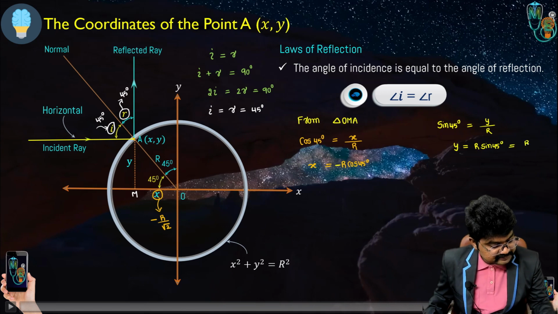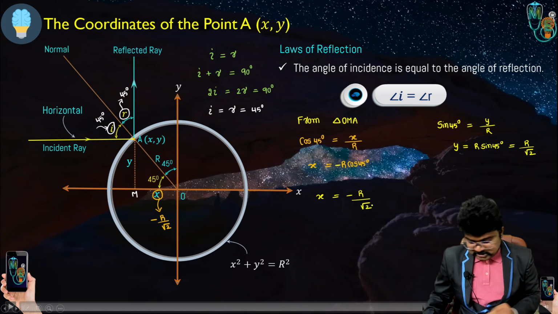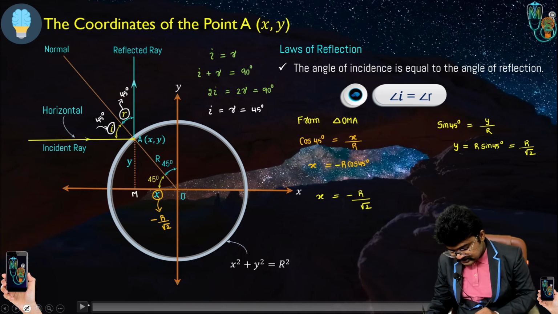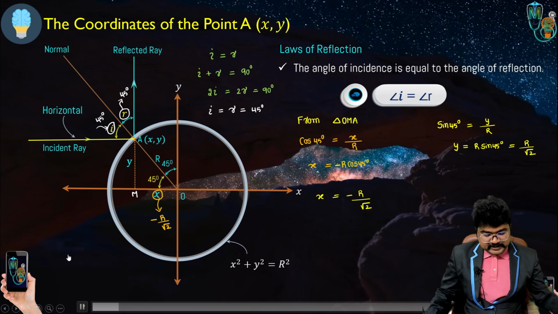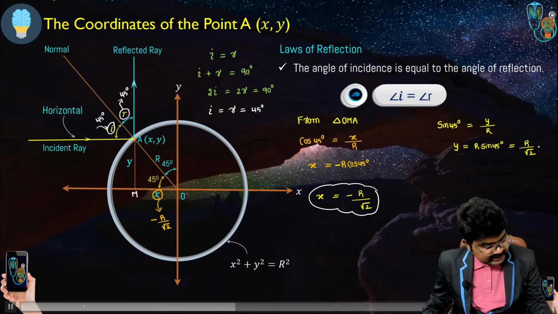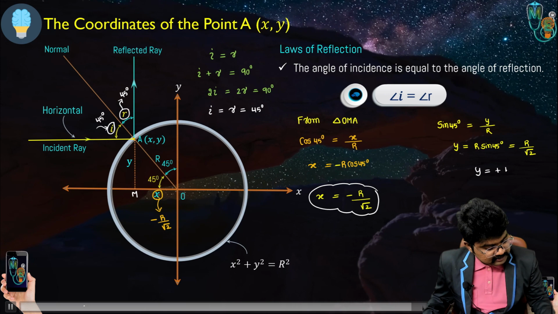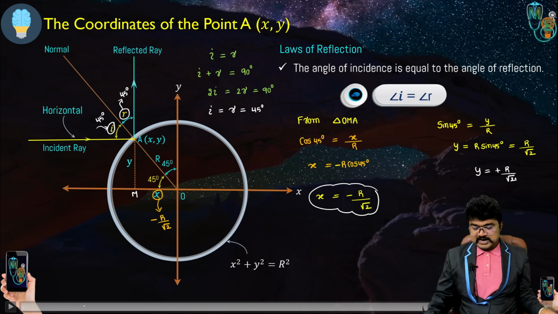Here it is R by root 2. Here x equals minus R by root 2, because it is along the negative x-axis. So x equals minus R by root 2, and y equals plus R by root 2.